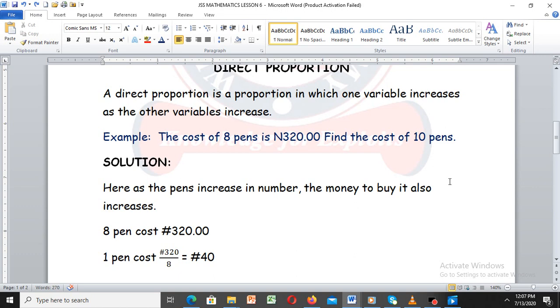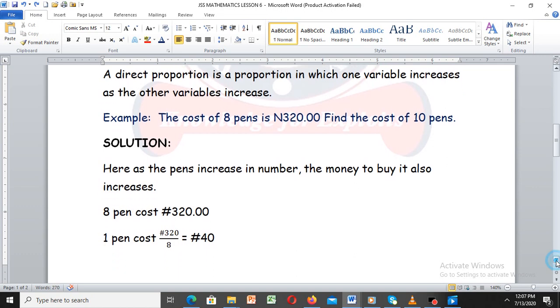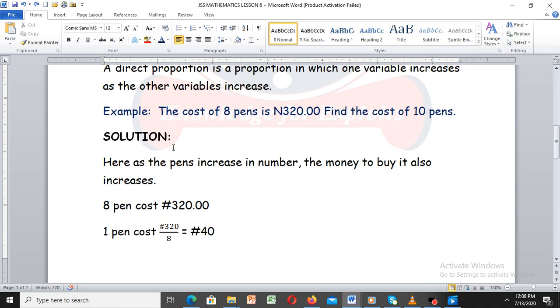So what happens to variable A also happens to variable B. If there's an increase in variable A, there will be an increase in variable B. And if there's a decrease in variable A, there will be an exact proportional decrease in variable B. So it is direct proportion.